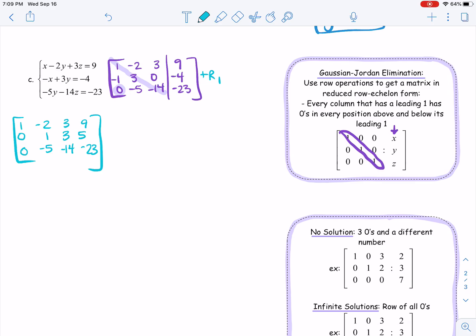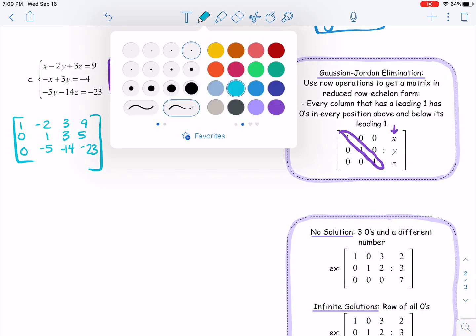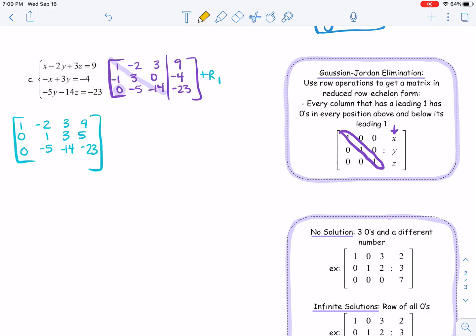Well, because I have a 1 right above it, I can easily multiply that second row by 5 and add it to row 3. That's going to replace that -5 with a 0, which is what I want. So I'm going to add 5 of row 2 to that last row. Again, nothing changes in the top 2 rows.